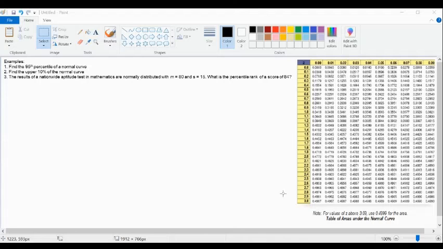Remember on our past lessons, how do we find z-scores? We use this formula: z is equal to x minus your mean over your standard deviation.